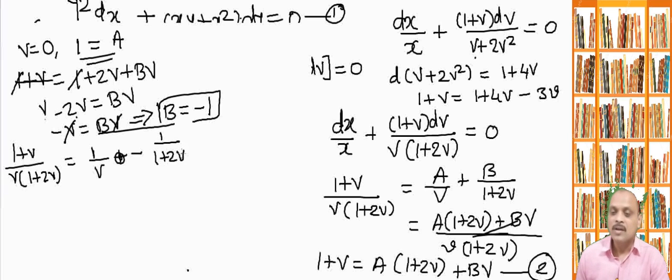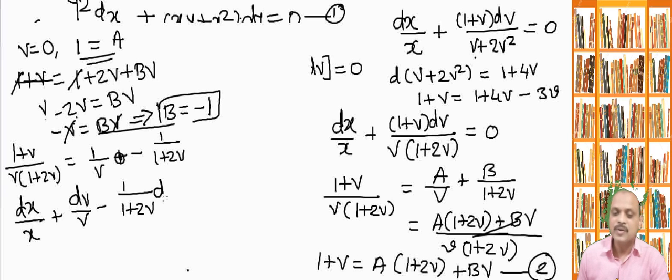So the above equation becomes dx divided by x plus dv divided by v minus 1 divided by 1 plus 2v into dv equal to 0. Now see the derivative of 1 plus 2v with respect to v is 2 into dv. So we need 2 here, so we multiply and divide by 2.